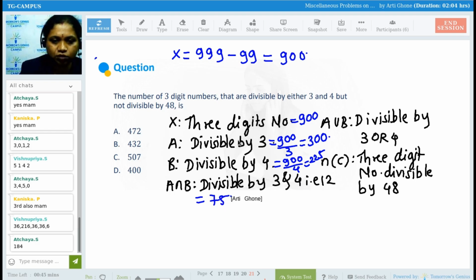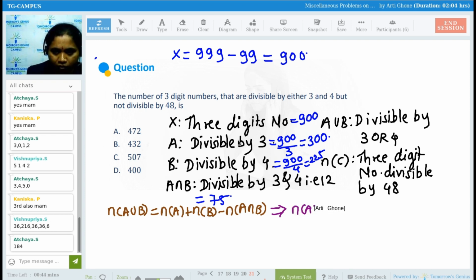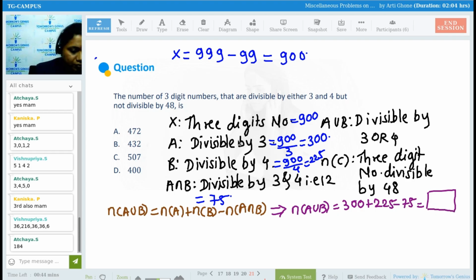So 900 divided by 12 is 75. Okay, so what is the formula of N of A union B? N of A plus N of B minus N of A intersection B. Just do it, you will get your answer. So it implies that 300 plus 225 minus 75, that is 450.